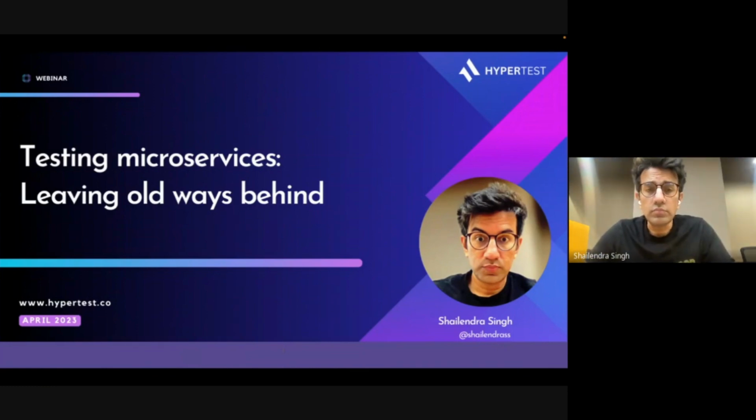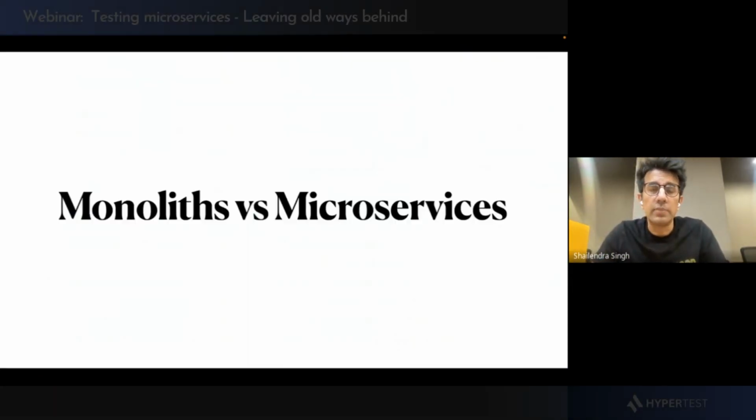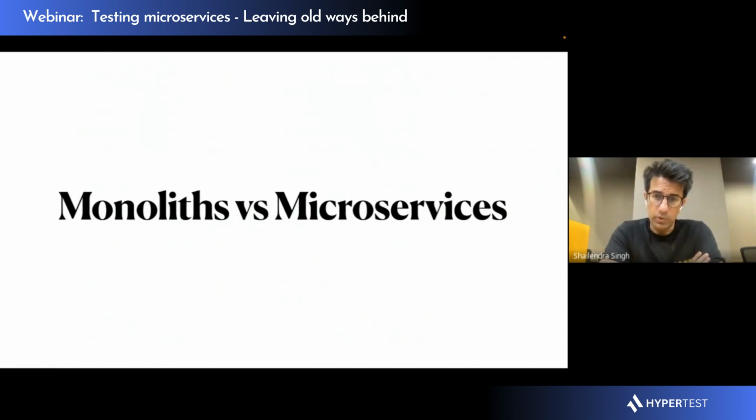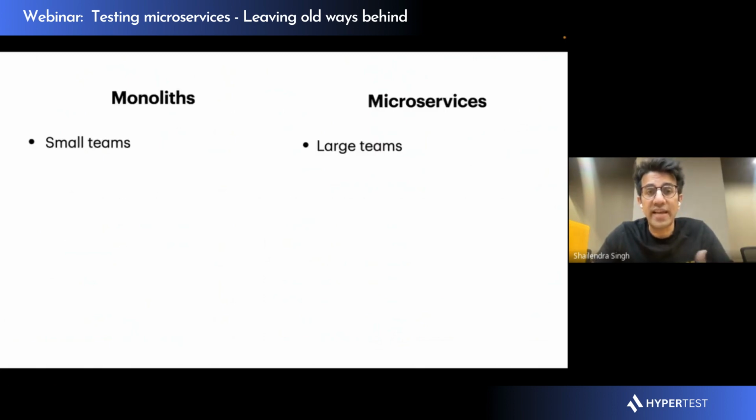Before we start, I hope the audience here already understands the benefits that teams get when they move from monolith to microservices. But let's first discuss the quick reasons. In most cases, when your team decides to move to microservices, the biggest reason would be that the size of the team you're managing has become larger.